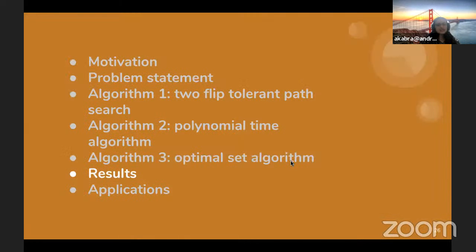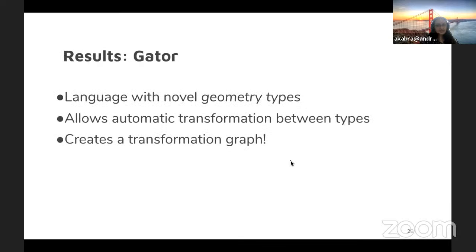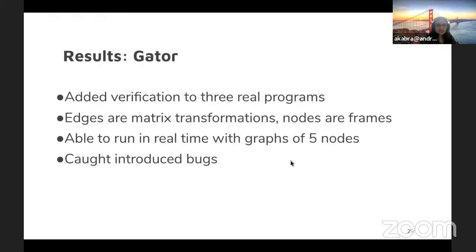We then used our algorithm in real-world applications. Gator is a domain-specific graphics programming language with novel geometry types that, like the example in the first slide, has automatic type conversions. Incidentally, it's also appearing in OOPSLA 2020. So we implemented this verification algorithm in the Gator compiler and used it to verify real programs.